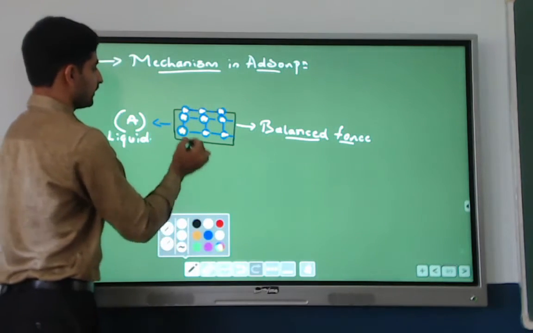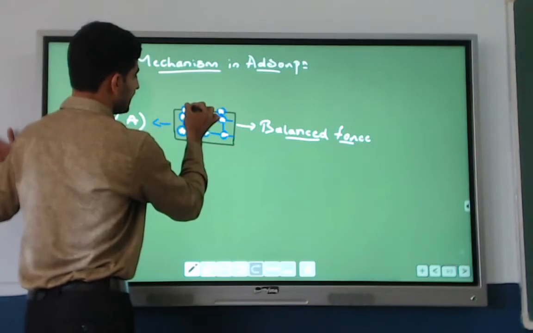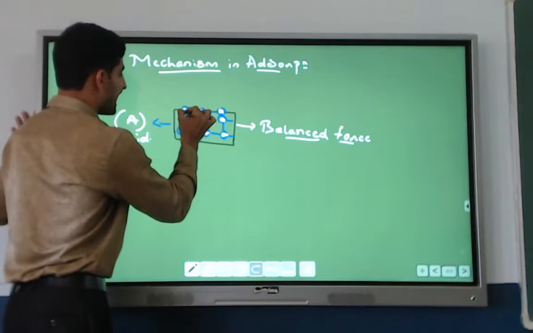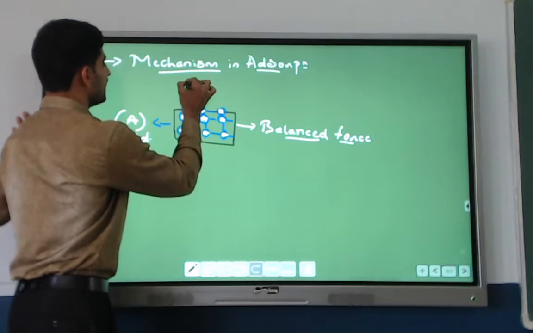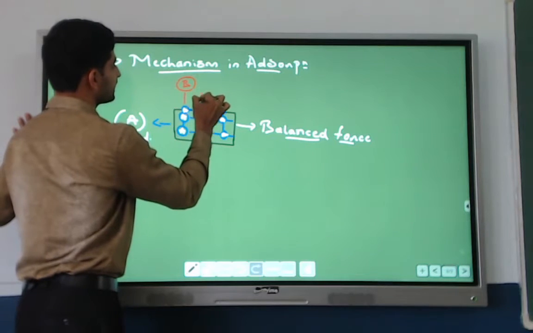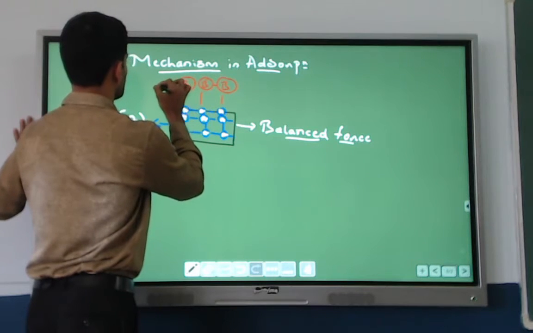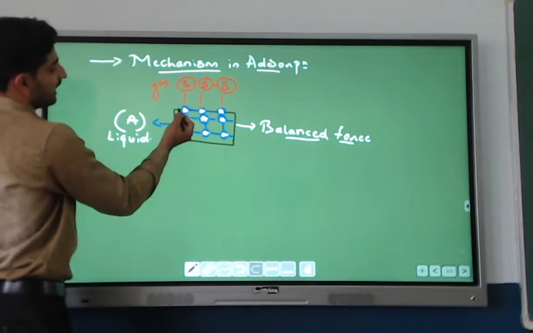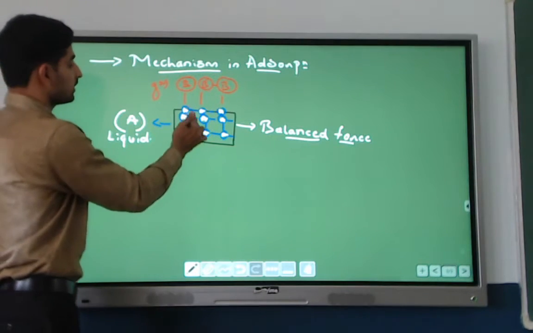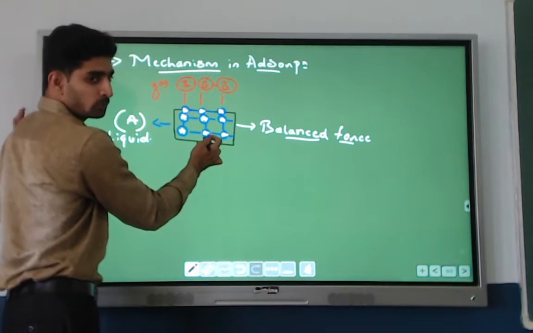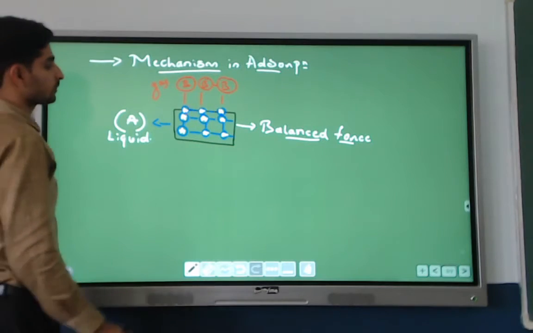Whereas on the surface, A molecules are present, but at some places they are surrounded with A molecules, while at the surface A molecules are surrounded with B type gas molecules. On the surface, only a few A molecules will be available. At the bottom, they are surrounded with A type molecules only. But at the surface, A molecules are surrounded with B molecules.